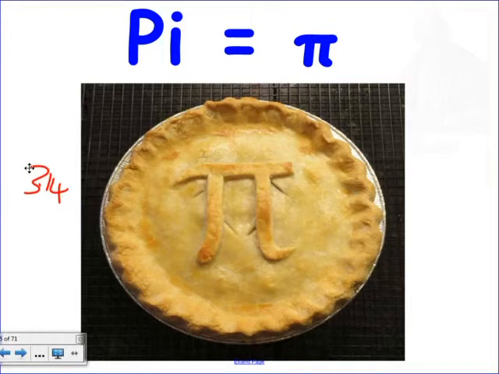It goes on forever. Does everyone know that pi goes on forever? 3.14159267887 and so on. It never ends. In your exams, when you're showing your working out and doing calculations and tapping into your calculators, use 3.14.